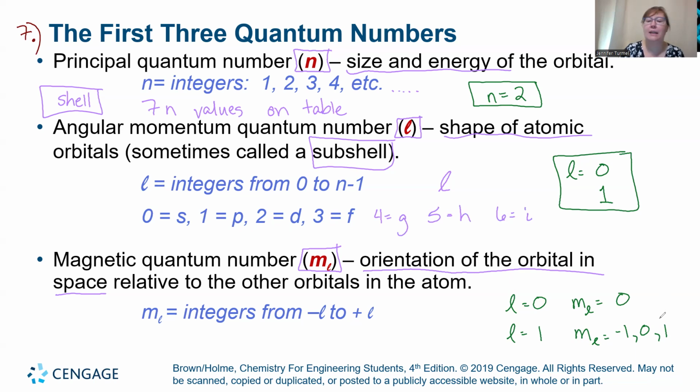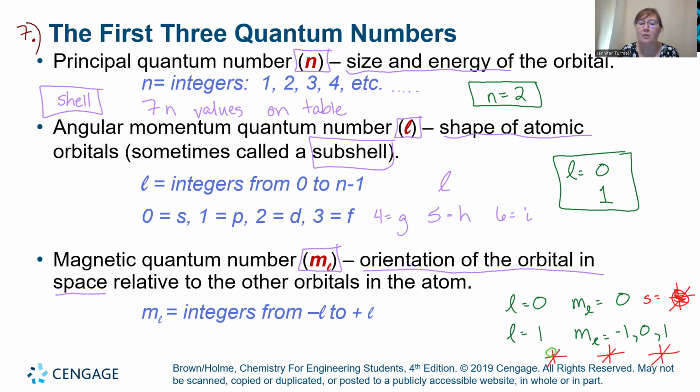Let's go ahead and take a look at this. When m sub l is 0, we have an s orbital. If we have a three-dimensional coordinate plane and we have a sphere, there's only one possible orientation there. But when l is 1, we have three possible orientations in space. That might look a little bit like this.